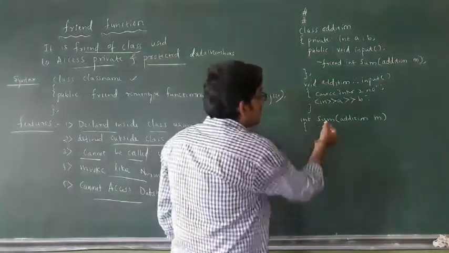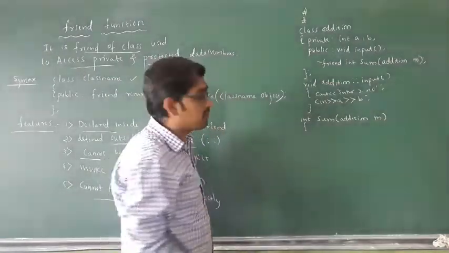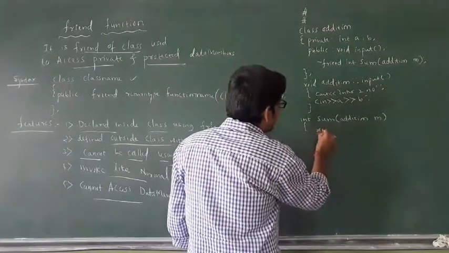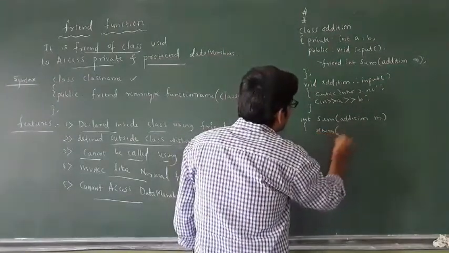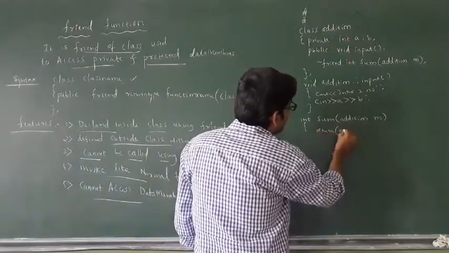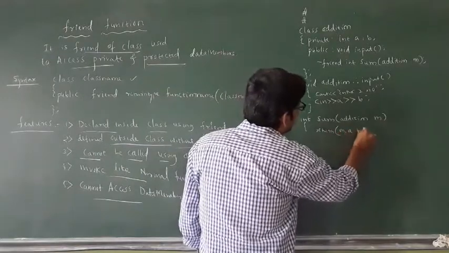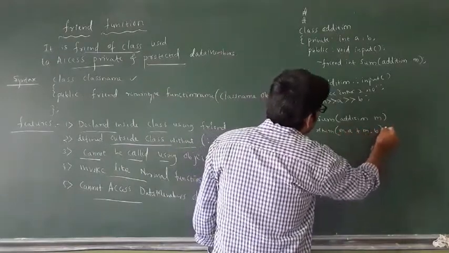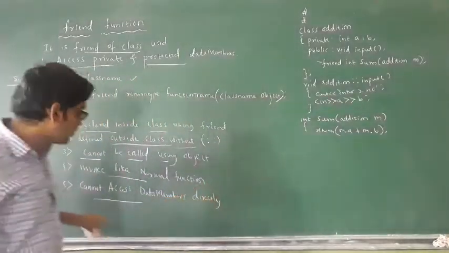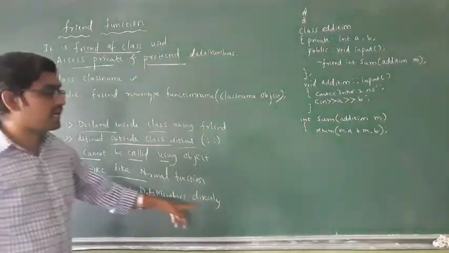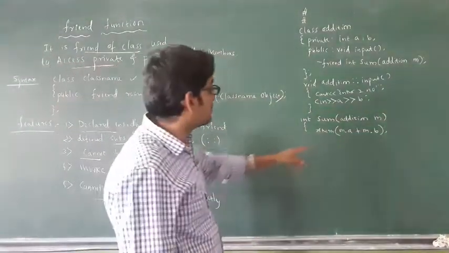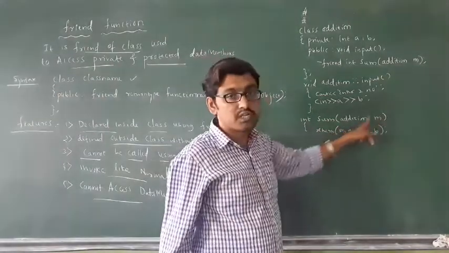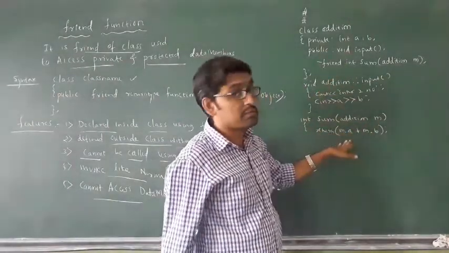Now write the formula: return m dot a plus m dot b. The condition is that it cannot access data members directly; you must use the object to access data members.